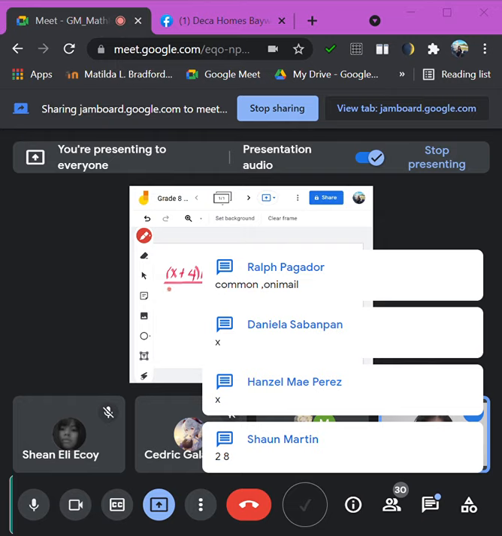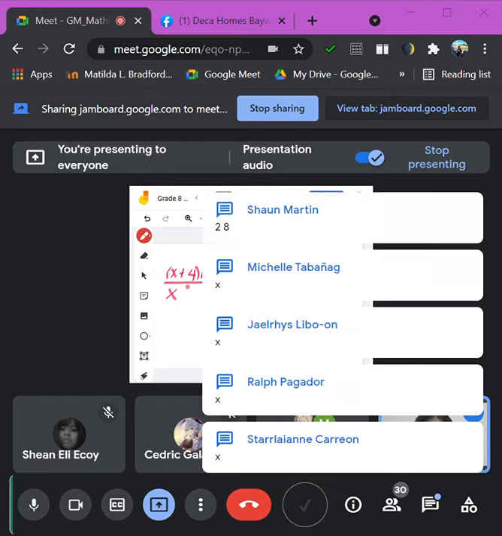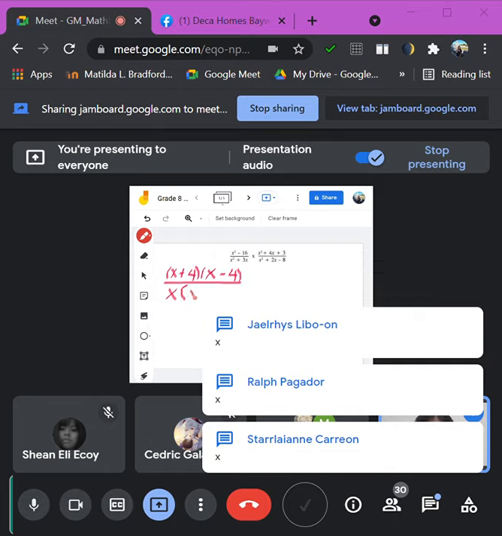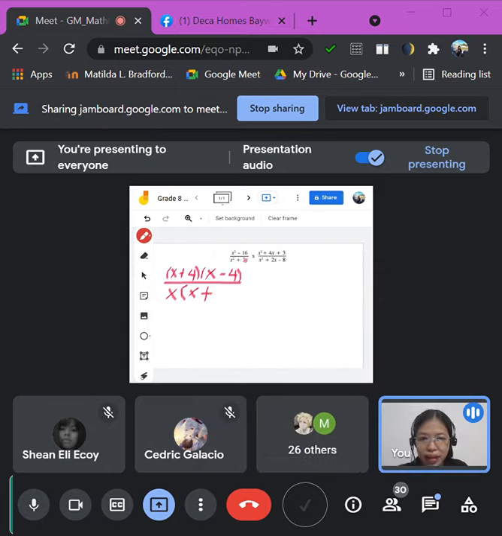Good job. So, atong common nila kay x, and then i-divide nimo x squared divided by x, that is x. And then copy the plus sign, and then 3x divided by x, that is 3. So, na-factor na nato, class, both our numerator and denominator. So, good job, everyone. Now, let's go to our next nasad nga given.